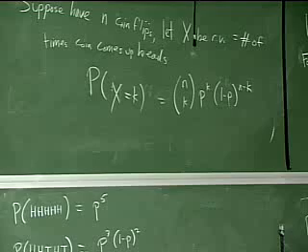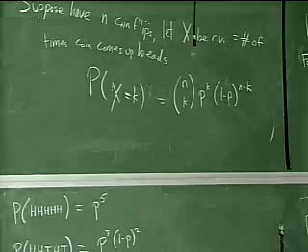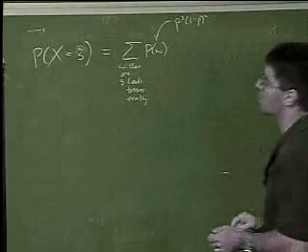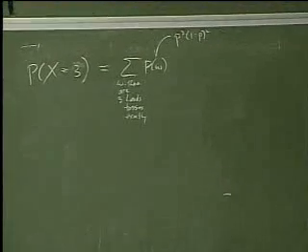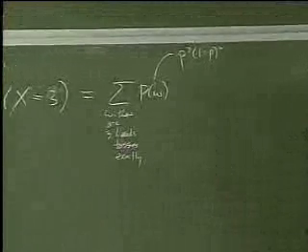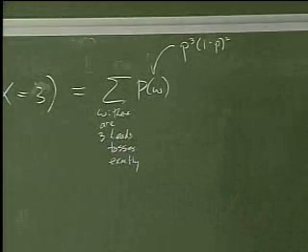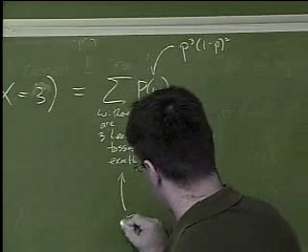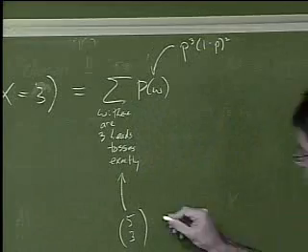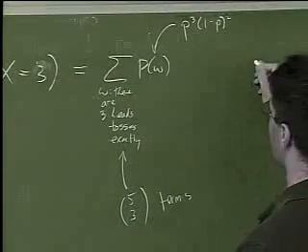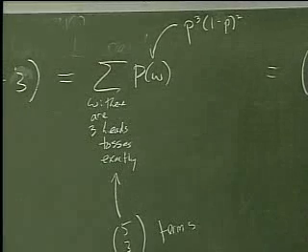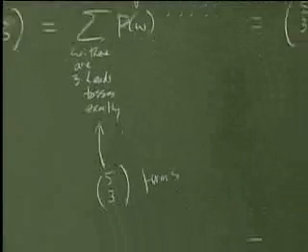Well, what's this? We know that this value is always going to be P cubed times 1 minus P squared. And how many terms are there in this sum? 5 choose 3. So that's how you get 5 choose 3 P cubed 1 minus P squared. Or if you want to generalize, there's the general form of the formula.